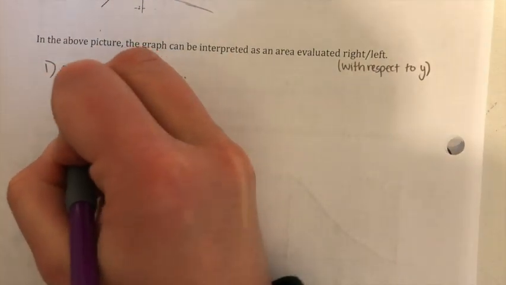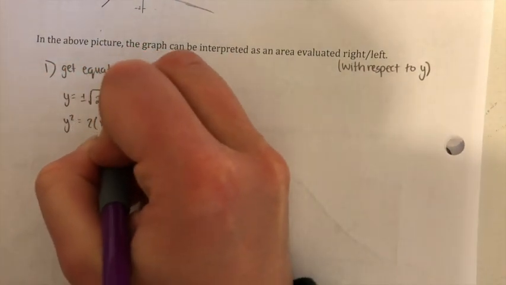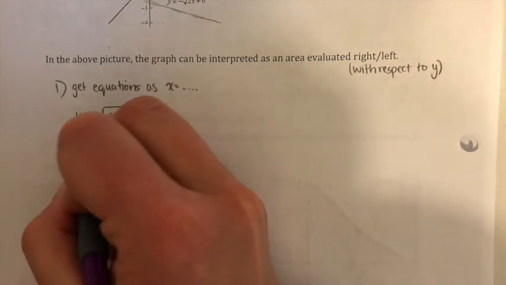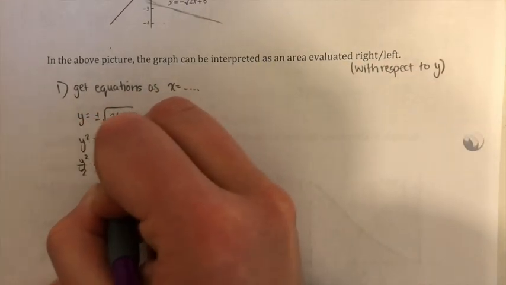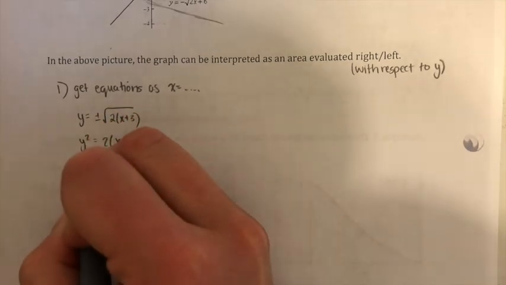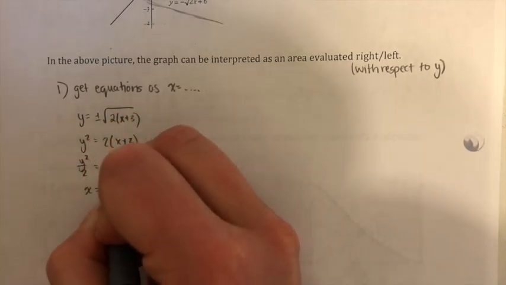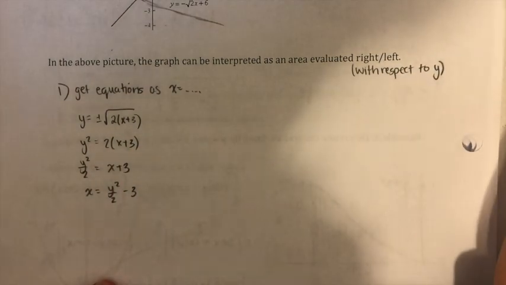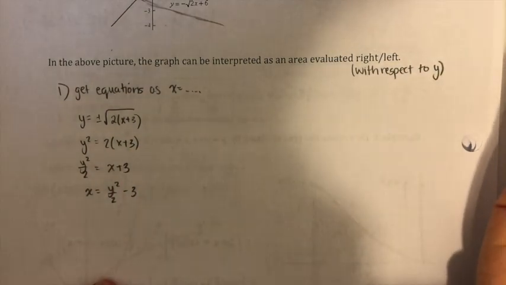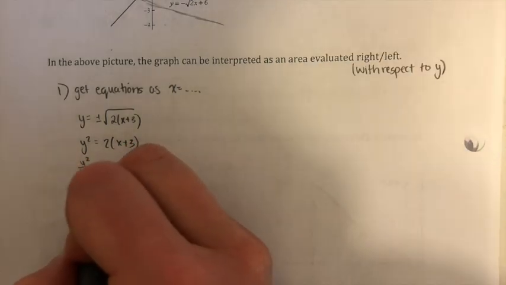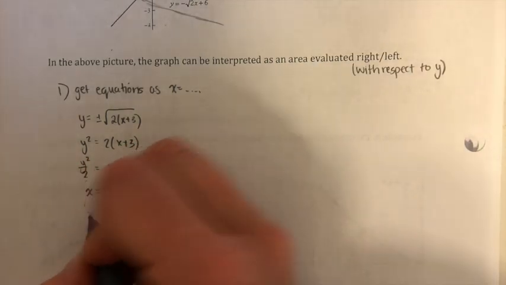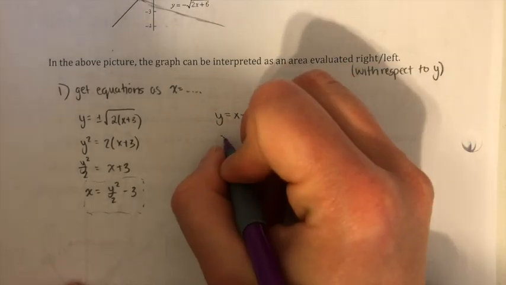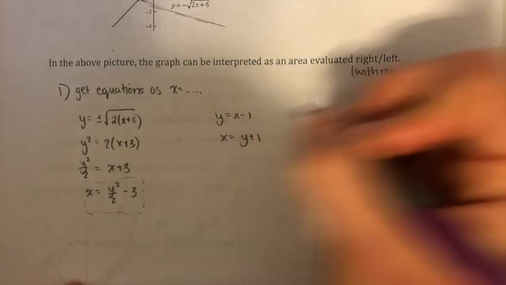So then we're going to have y squared equals 2 times x plus 3. Divide both sides by 2, y squared over 2 equals x plus 3. So then x is equal to y squared over 2 minus 3. Okay, so that's one of our equations. And then the other one is y equals x minus 1. This one's much easier. So x is equal to y plus 1.